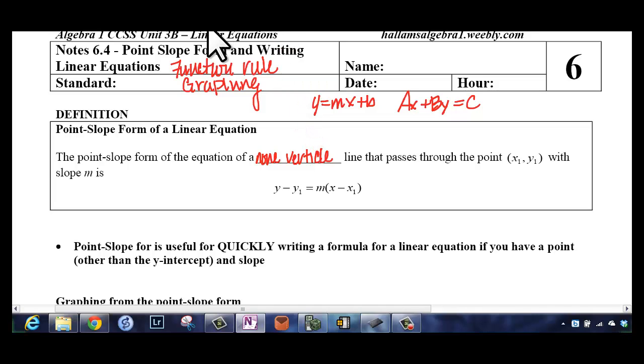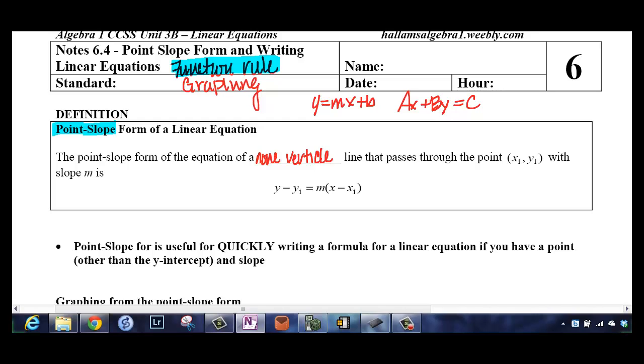Let's highlight that because that's fairly important. Writing a function rule: given a little bit of information, all we really need, like it says, is a point and a slope. So if we have those two things, we can quickly write an equation. We never really talked about it, but writing into standard form is pretty complex. It's something that we won't spend a lot of time with.